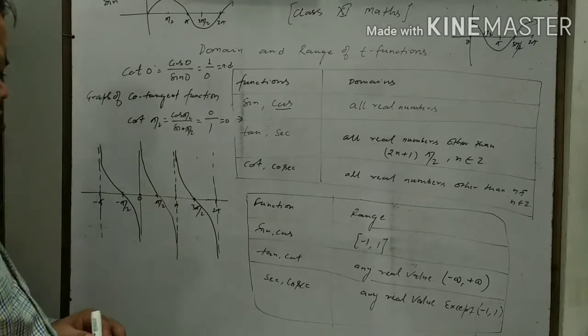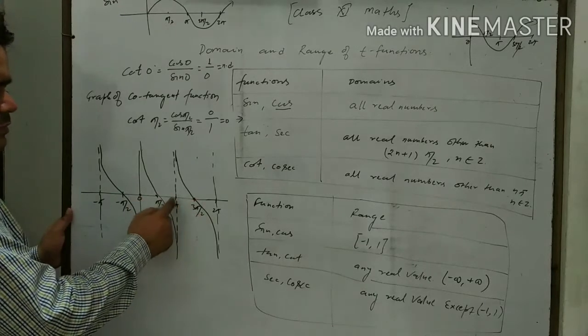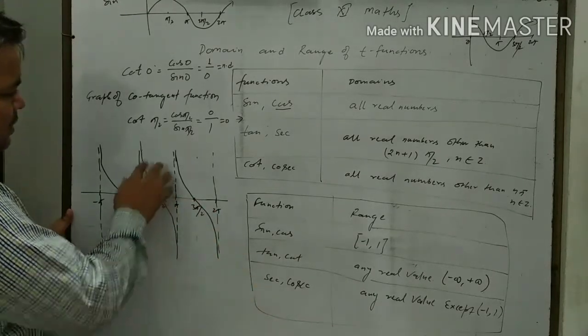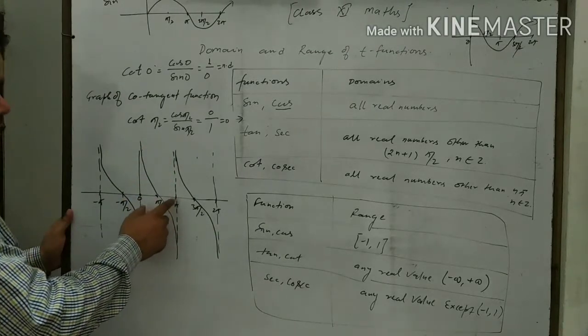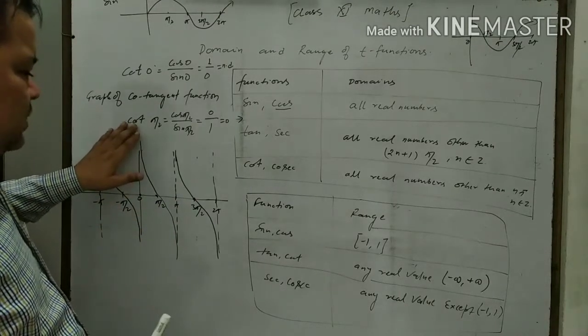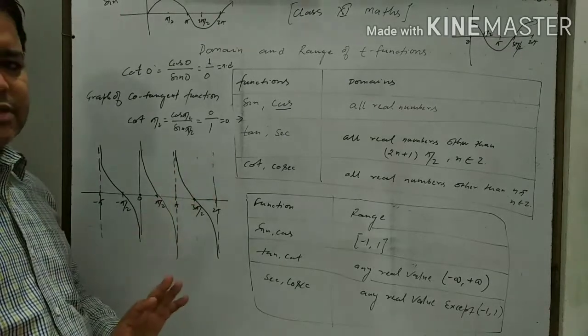Again here we see that the graph is repeated after pi. The graph of cotangent is repeated after pi. Therefore, the period of the cotangent is again pi, just like tangent.